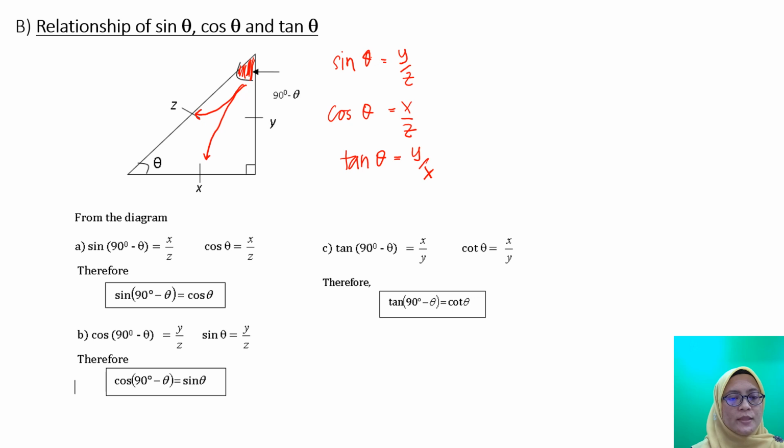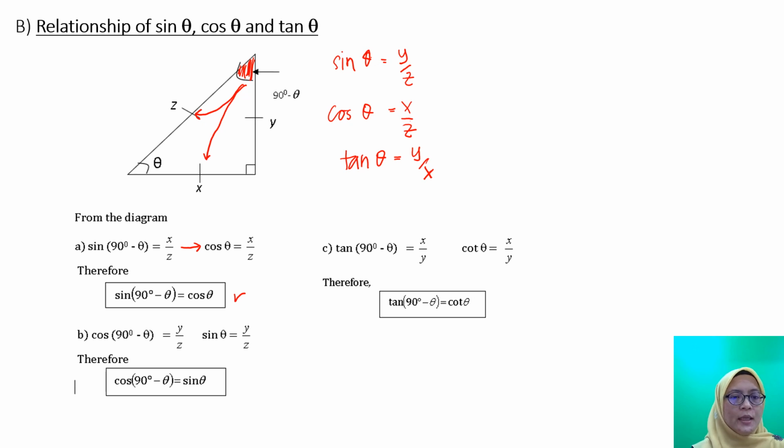So x over z. Okay, so from the previous slide, kita dah dapat x over z, dia adalah sama juga dengan nilai cos theta. So then from here kita akan dapat satu identity. Sin 90 minus theta is equivalent to cos theta.